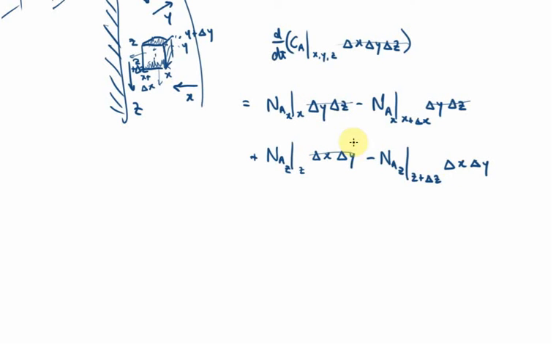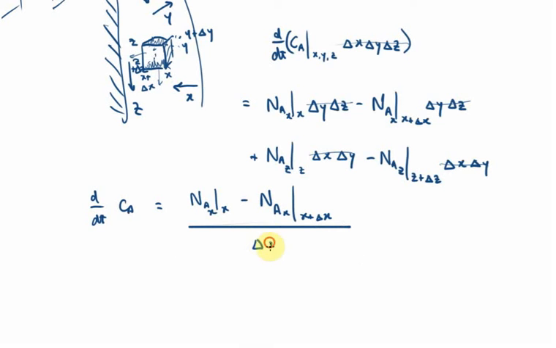So those will cancel, leaving us with dCA/dt is, and then here we've cancelled delta y, delta z. We still have to divide by delta x. So it's NAx at x minus NA in the x direction at x plus delta x, divided by delta x.